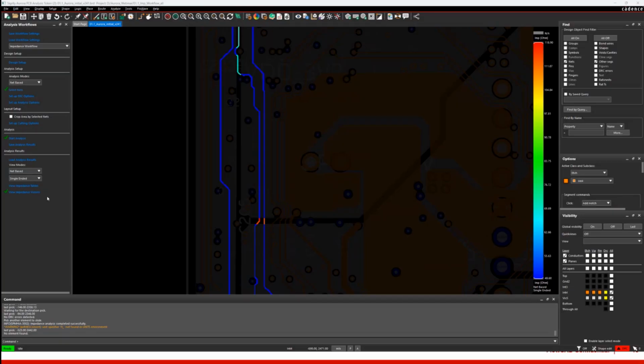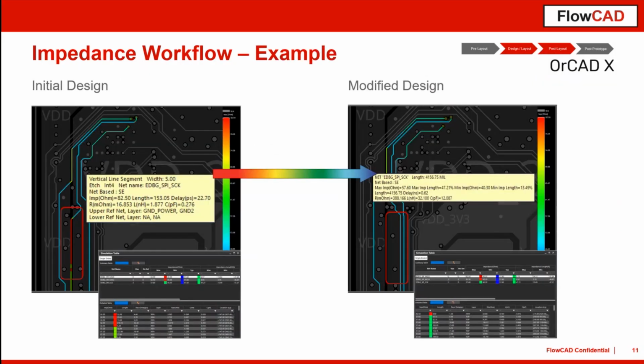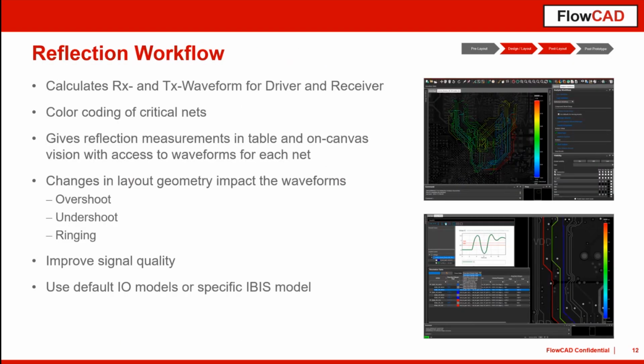So what we can do now is, give me a second, I want to switch back to the slides. We have now seen that we can directly optimize our design and shift the signals away to a solid ground plane. If you want to see what happens with the signal or waveform itself, you can use the so-called reflection workflow.